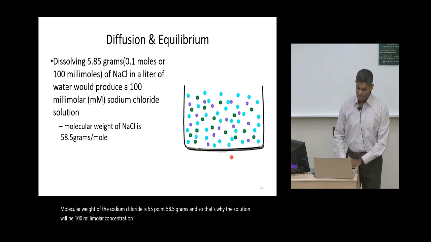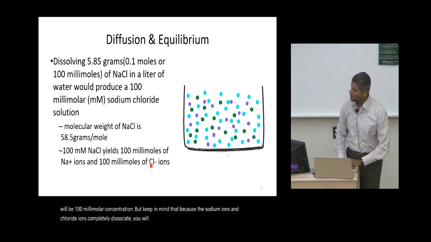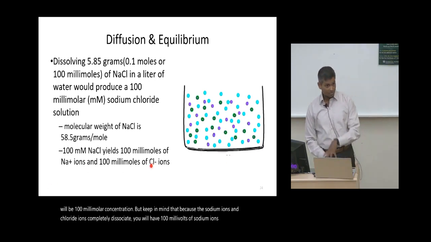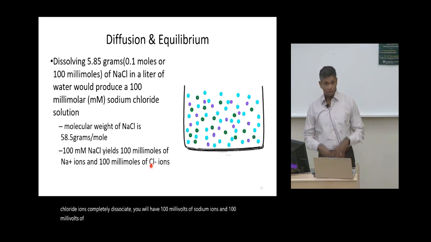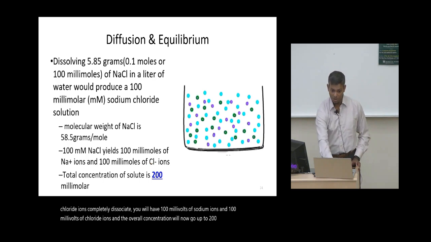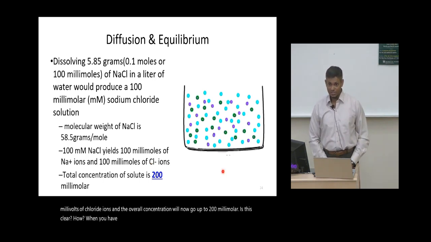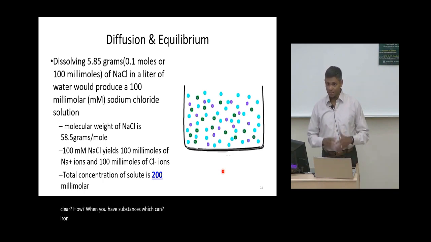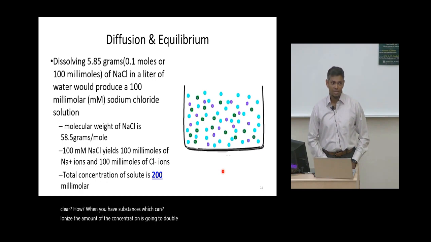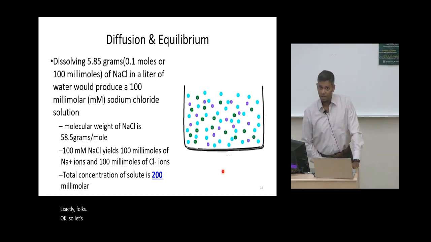But keep in mind that because the sodium ions and chloride ions completely dissociate, you will have 100 millimoles of sodium ions and 100 millimoles of chloride ions, and the overall concentration will now go up to 200 millimolar. Is this clear? When you have substances which can ionize, the concentration is going to double. Is that clear, folks? Okay, so let's talk about osmosis.